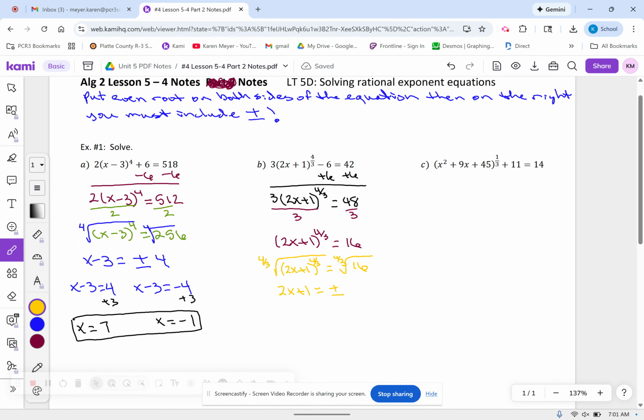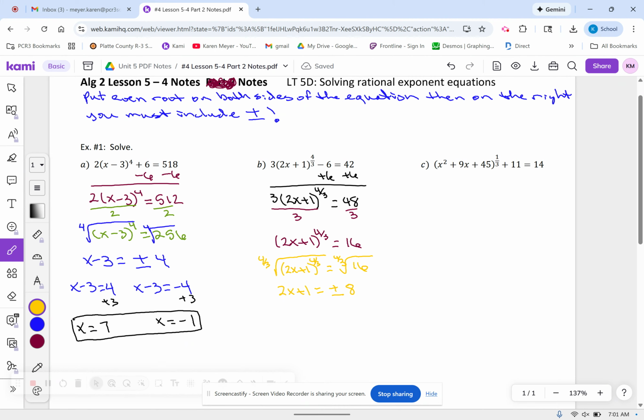If you're doing a graphing calculator, remember the fraction key is alpha, y equals, and then you could type in 4/3. And then the x root is math, and then number 5, and then you could type in 16. And when you do that, you will get 8.